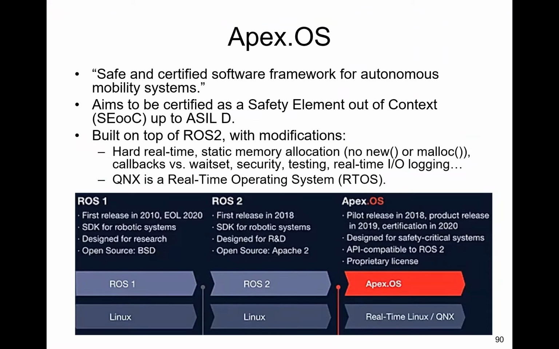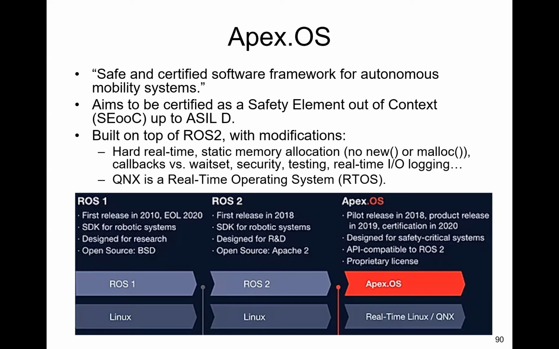So Apex is a so-called safe and certified software framework for autonomous mobility systems. It aims to be certified as a safety element out of context. That is, the ISO 26262 standard has the SEooC section.